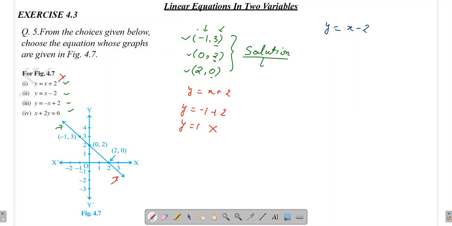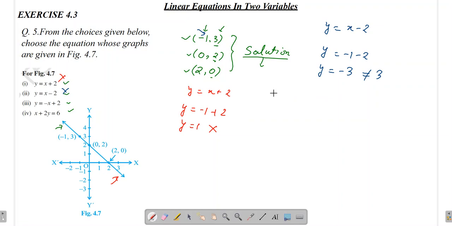Once again I'll put x as minus 1. So minus 1 minus 2 gives us minus 3, which is again not equals to 3, which means again the second equation is also not the required solution.